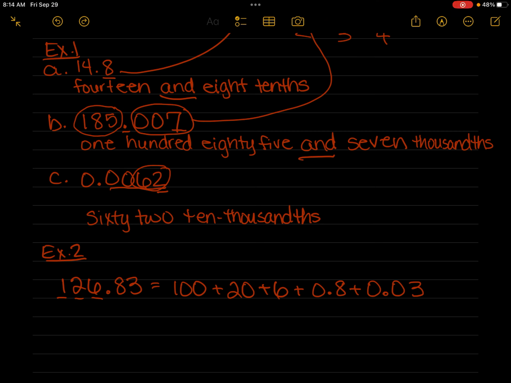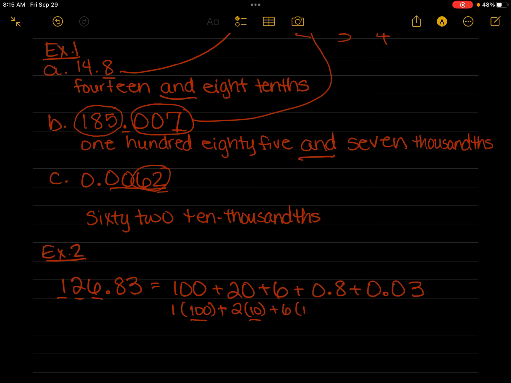Okay, so instead of writing out the number 100, we're going to use the first digit, and then we're going to say times what place it's in, basically, is what we're doing. So we're going to say 1 times 100. The next one is 2 times 10. So see how this is in the hundreds place, this is in the tens place.